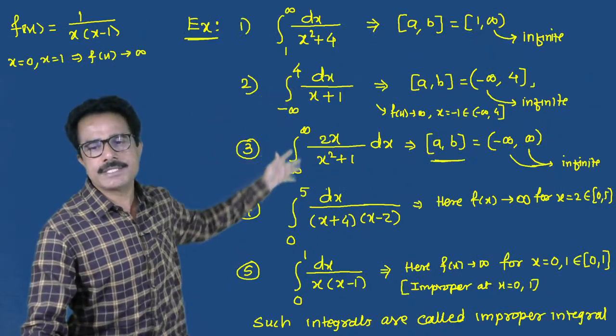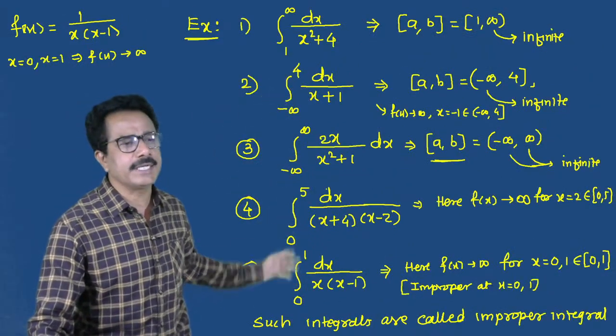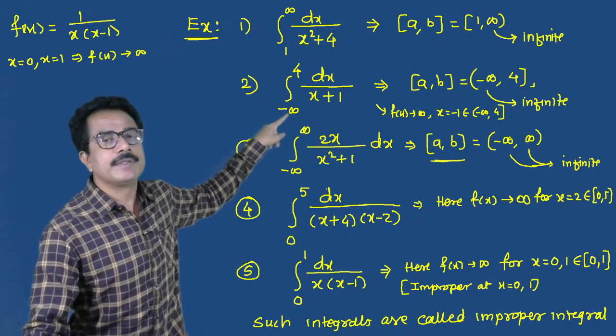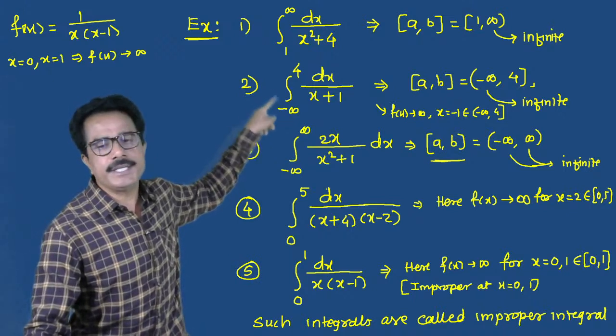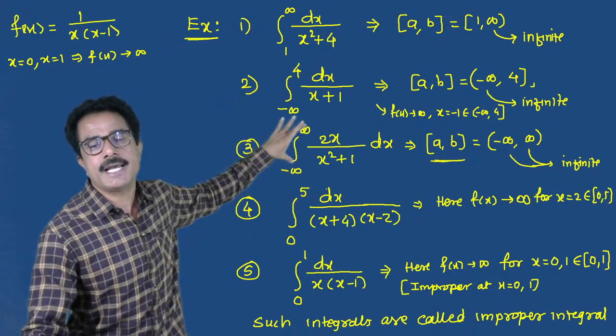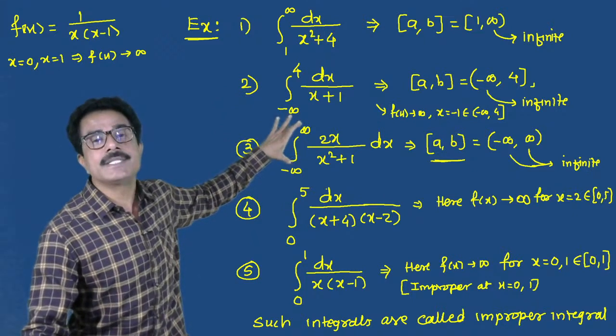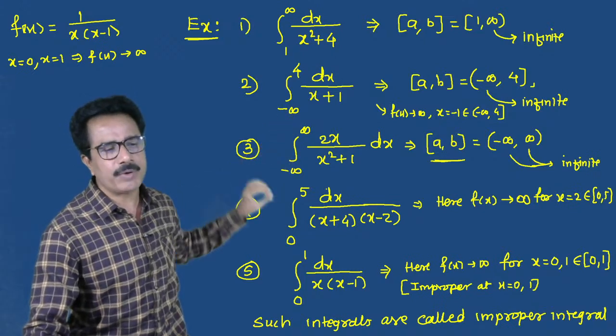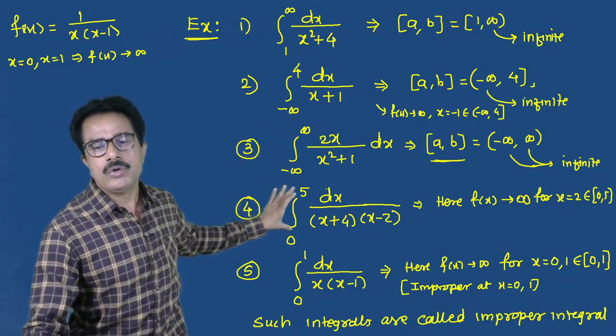These are some examples of the improper integral. Here the lower limit is infinity. In the first example the upper limit is infinity, and in another both the lower and upper limits are infinity. So these are improper integrals.